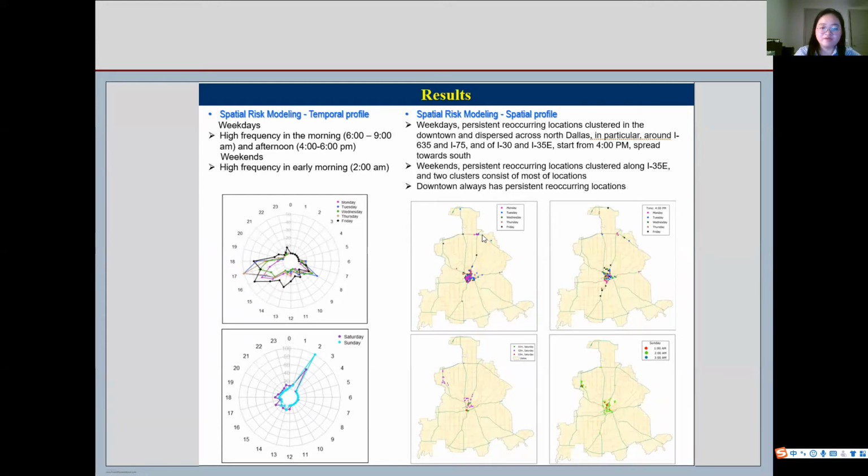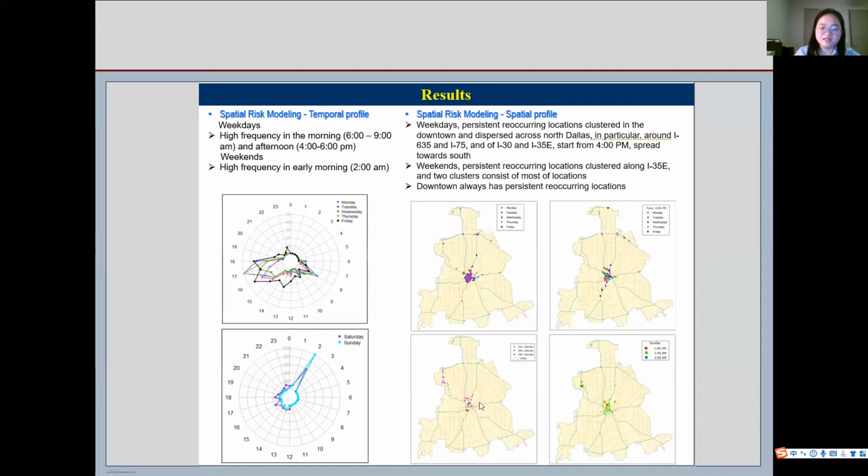The spatial pattern for the weekdays: before 4 p.m., we found that most of the dangerous locations are located around the northern part of Dallas, especially around I-635 and I-75. After 4 p.m., we found that the locations started to spread along I-35 towards the southern part.